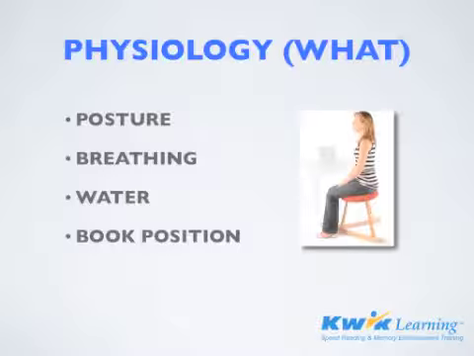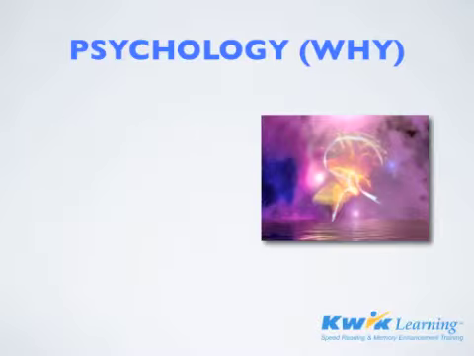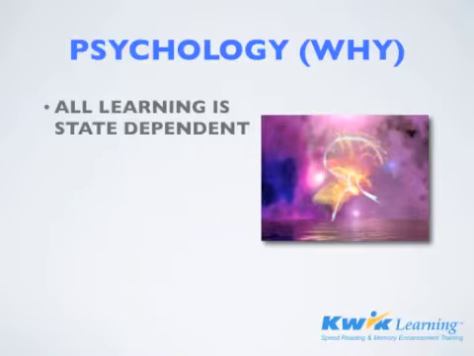The third P stands for your psychology. And how important is your psychology? Because as I said before, all behavior is state dependent, but certainly all learning is state dependent. Psychology plays a huge role in how you're actually going to learn something, because your mental assets, going back to your attitude, your thermostat, and the state that you're in, all of that plays a role.